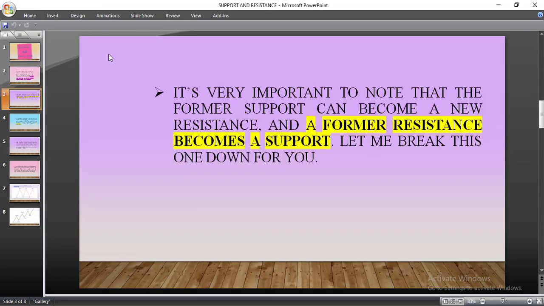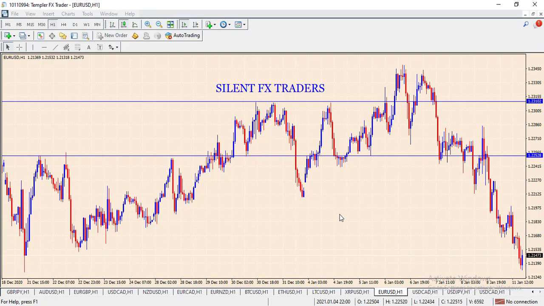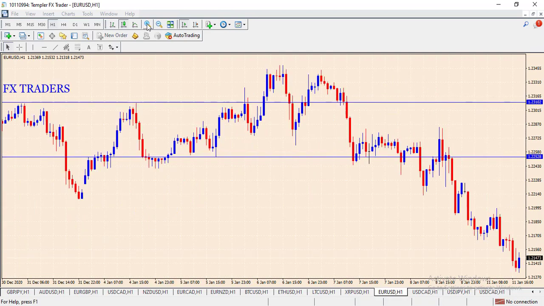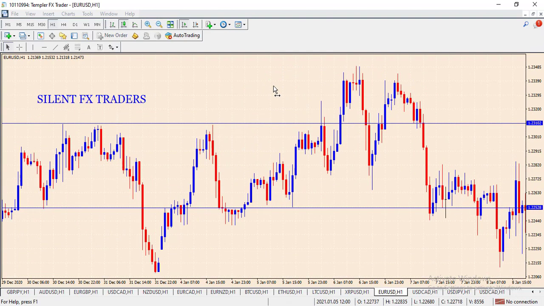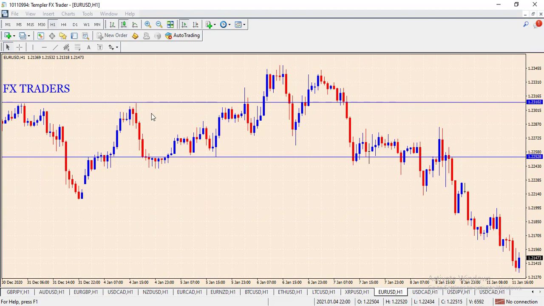It's very important to note that a former support can become a new resistance and a former resistance becomes a support. Let me break this down for you. If you look at our charts, a former resistance can be a support level when broken, and a support level can be a resistance level when broken.